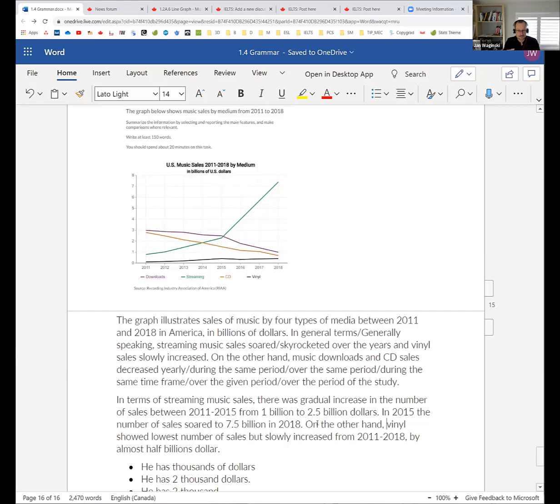But if it's only dollars throughout the whole thing, then you don't need to keep writing dollars, dollars, dollars if it's totally clear. But the issue we have here is that in 2015, the number of sales soared to 7.5 billion in 2018. Do you see the problem?